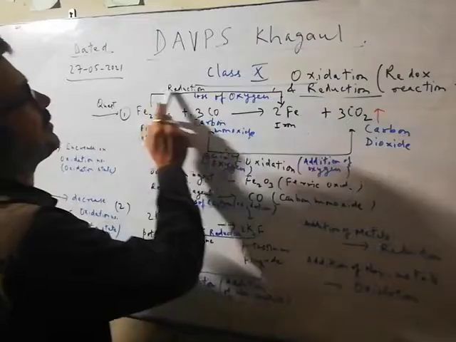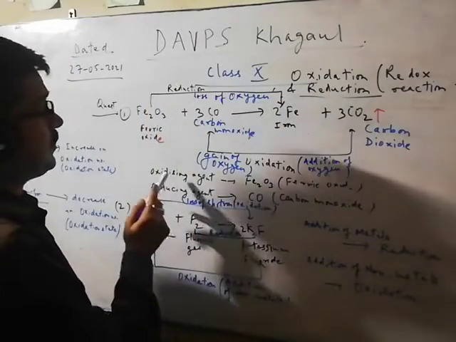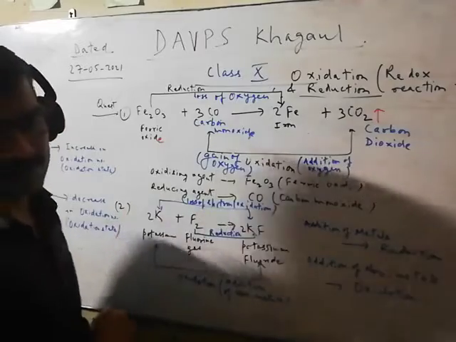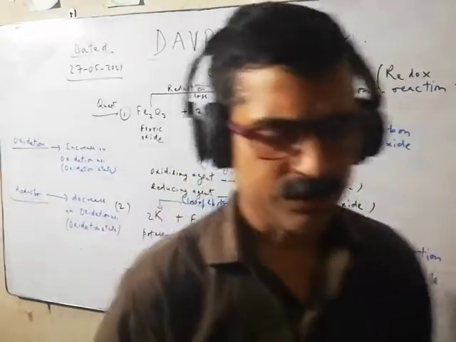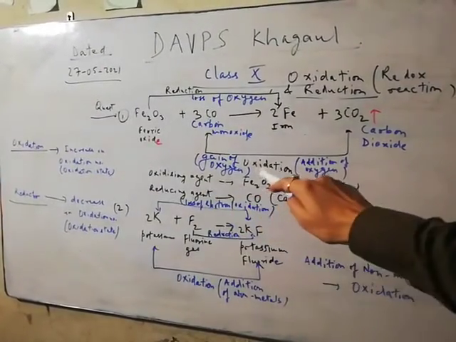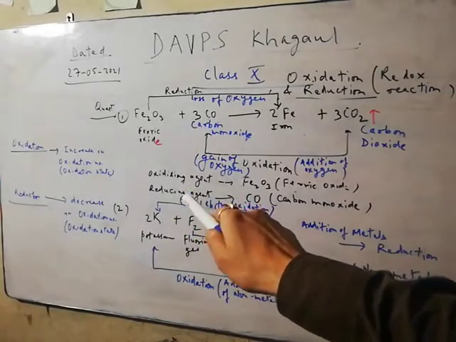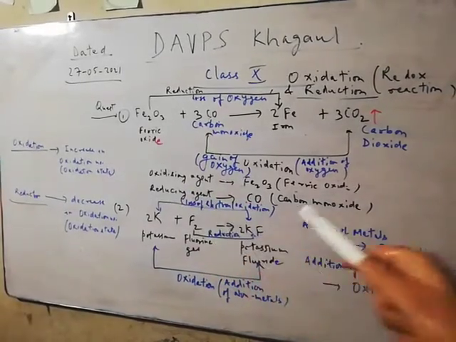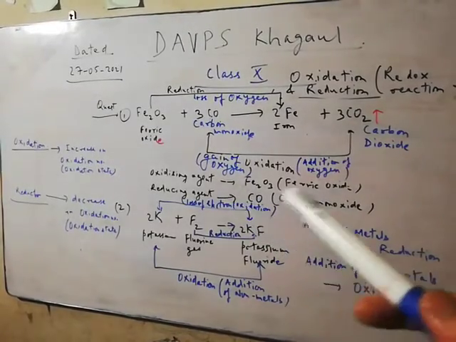Ferric oxide is being reduced. So ferric oxide is the oxidizing agent. That is very clear. Oxidizing agent means that chemical compound which is undergoing reduction.